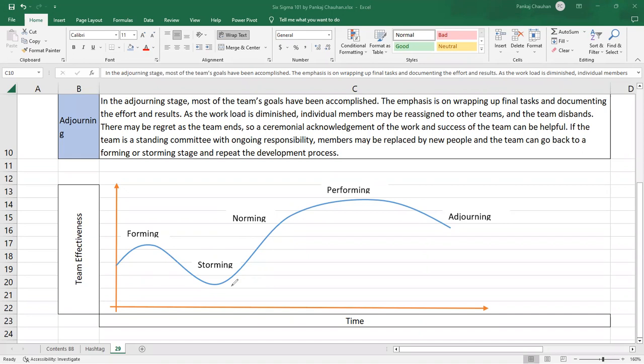They create their own groups and go with that. So the effectiveness of the team is expected to go down in the storming stage. When you normalize the team, the performance or the effectiveness of the work will definitely go up. And this is highest in performing. And when adjourning, because there is no task left, you have to just celebrate and mourn, and that's how the performance goes like this.